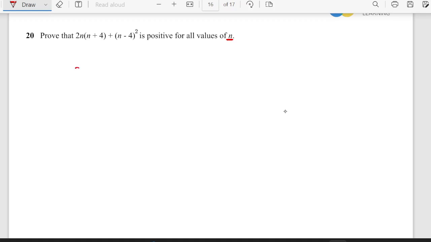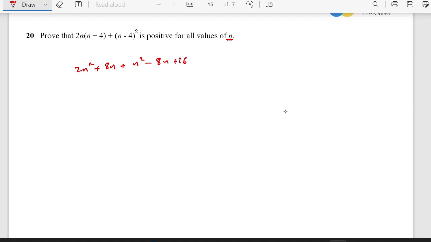So that's going to give me 2n squared plus 2n times 4, which gives 8n, plus, and if I square this out, I would get n squared minus 8n plus 16.